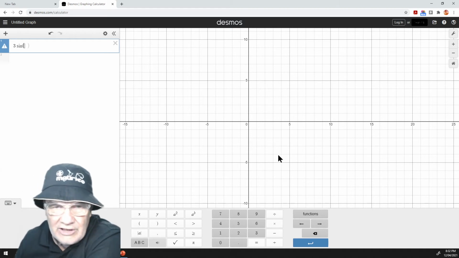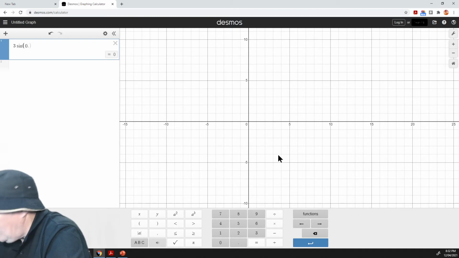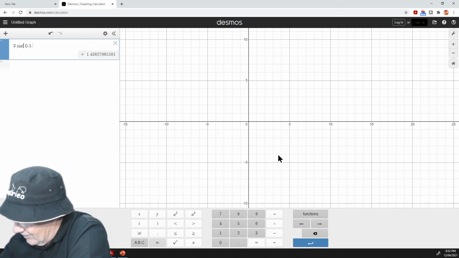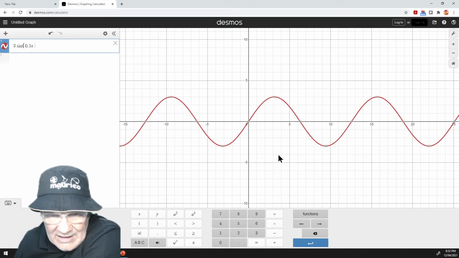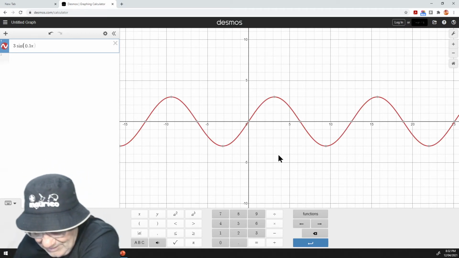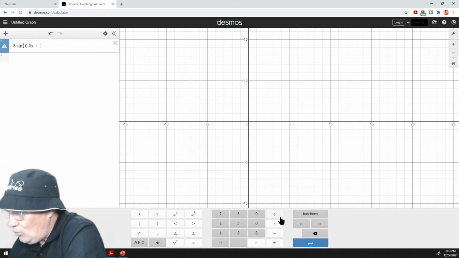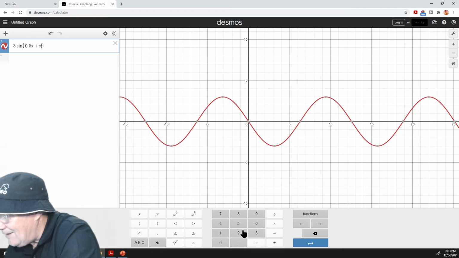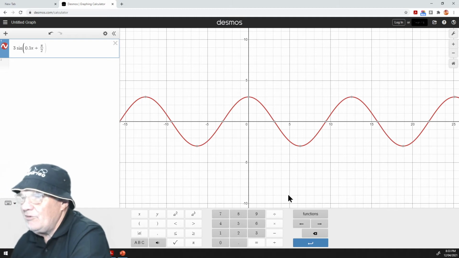Yes, 3 sine 0.5. Now I don't know that we can use t. I'm going to use x. 3 sine 0.5x there, plus pi by 2, and we've got in here pi divided by 2, and we'll close that bracket.